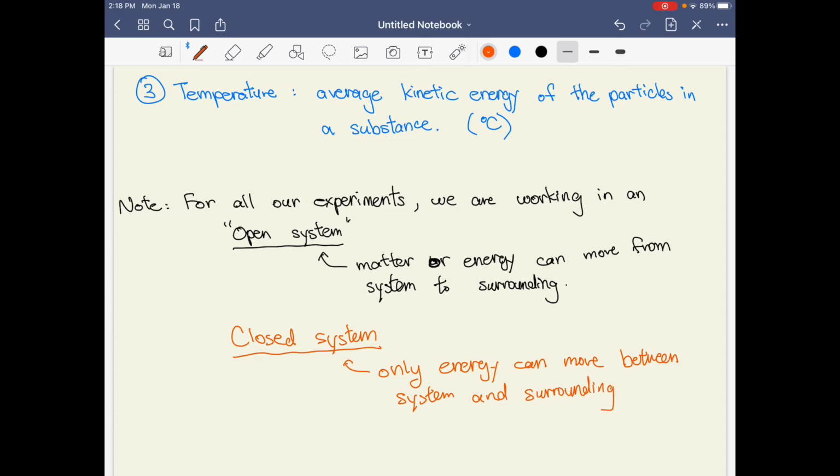I think I need to be a little bit more clear here. Up here, I shouldn't say from system to surroundings, but it's usually from system to surroundings, so I'm just going to leave it.